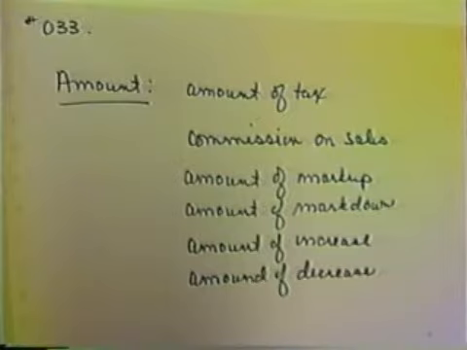The actual dollar markdown is the amount. The original amount is going to be your base. The amount of the markup or the amount of the markdown is your amount. Also, if something increases, like the number of people going to the park, or the temperature going up or down, the amount of increase or the amount of decrease is the amount.